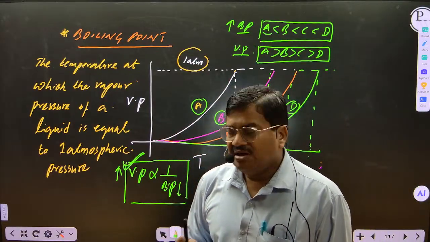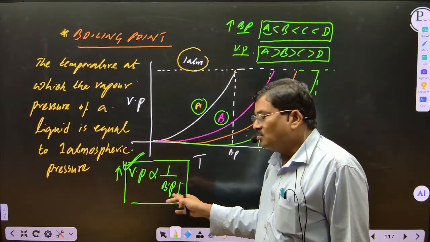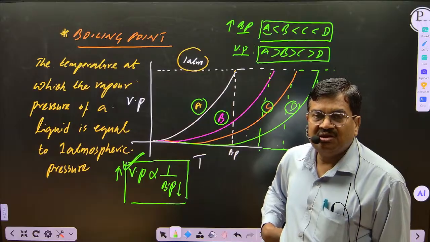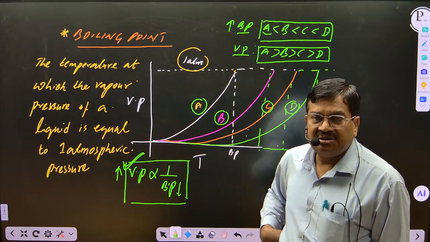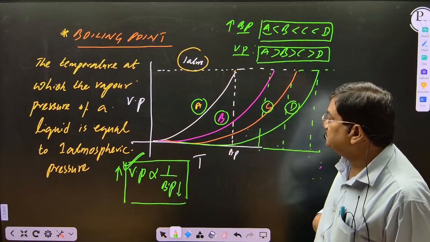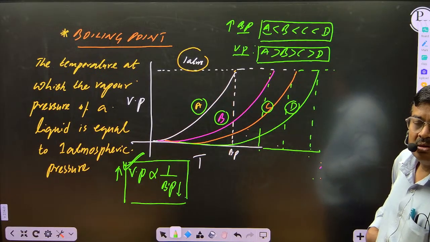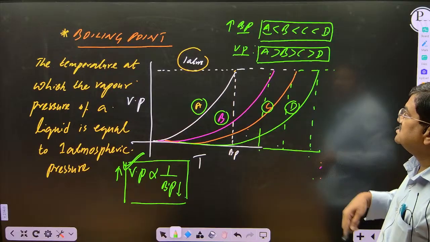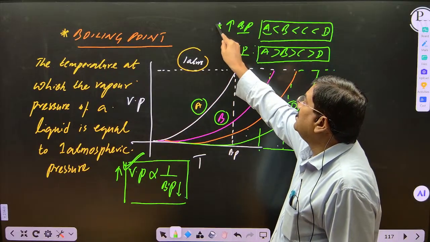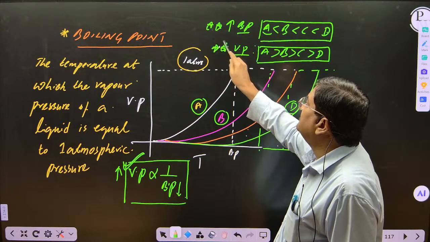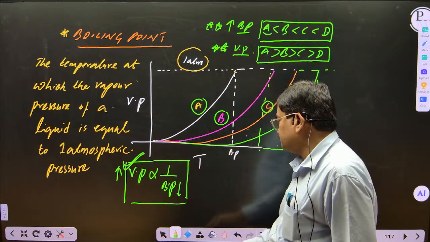If the vapor pressure is low, boiling point comes to be more, which means more heat is required to convert it into vapor. Understood, students? This is the order of boiling point. If they ask vapor pressure, it is the inverse of this order.